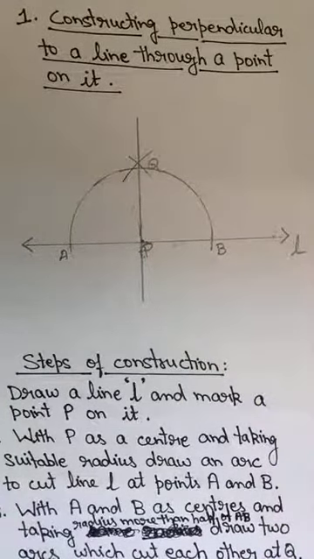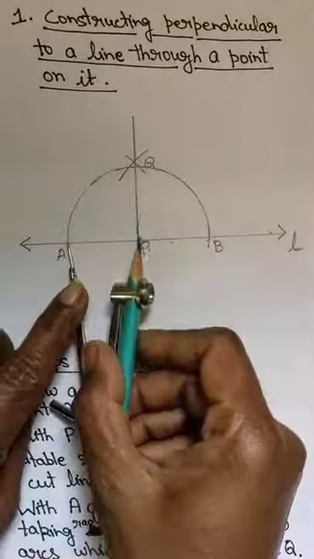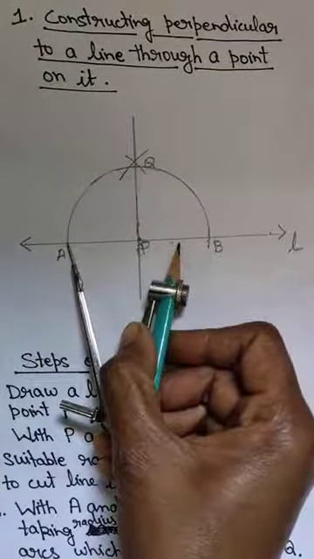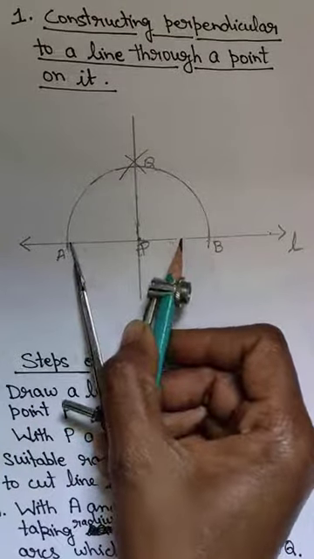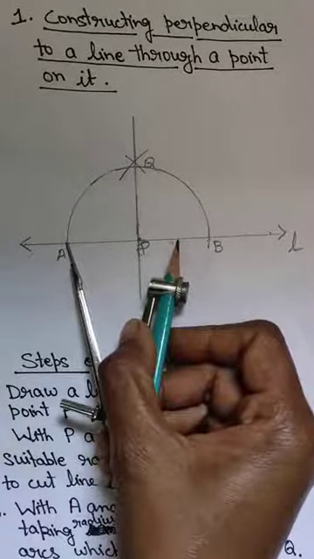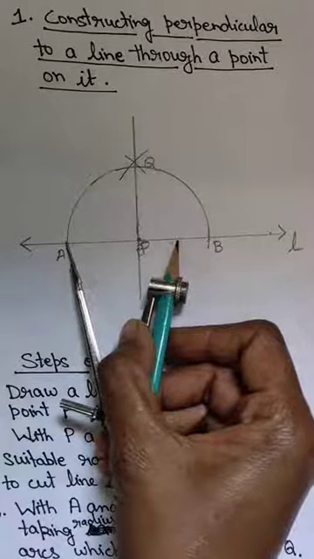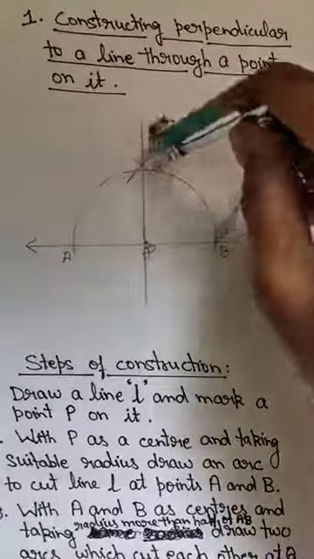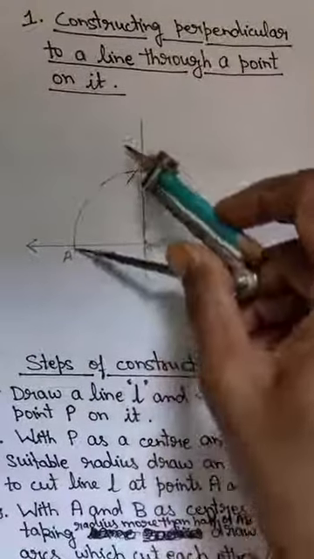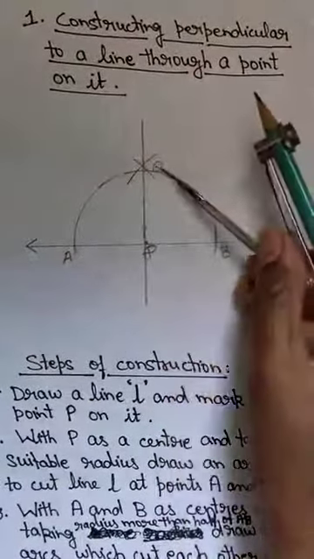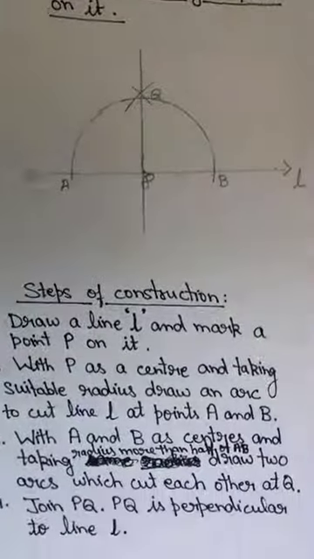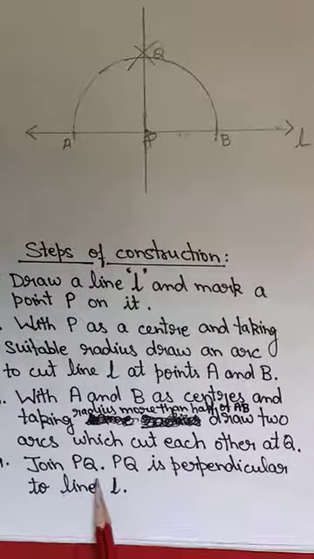With A and B as centers and taking radius more than half of AB, now you will open your compass more than half of AB. Draw two arcs, one from A and one from B, which cut each other at Q. Join PQ.